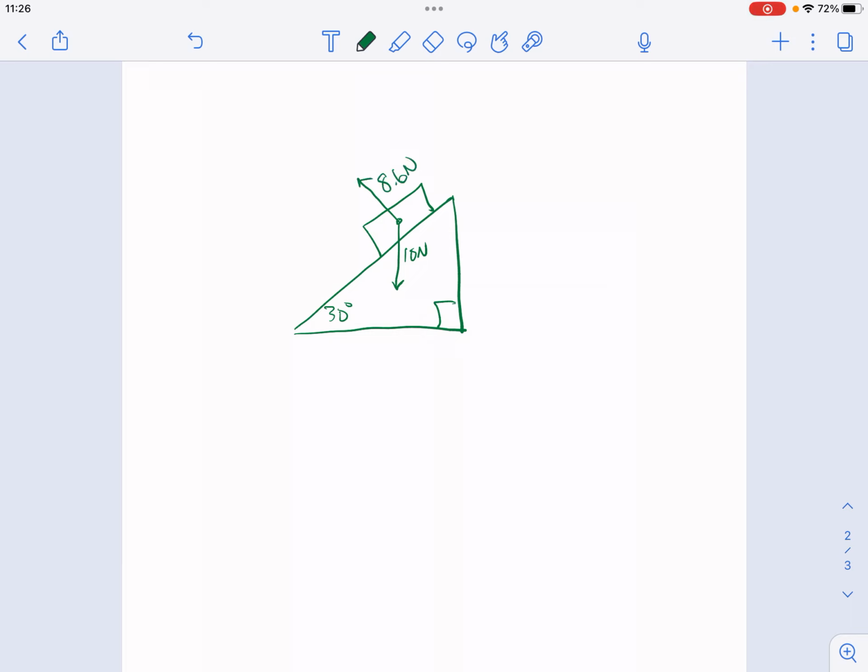And so if we draw it again, here's my triangle, probably not at all a 30-degree angle, but forgive me. Here's our car again, and we've got Fg down is 10 newtons. This one going out is 8.6 newtons. And really the force of friction is the one that we don't actually know right now.